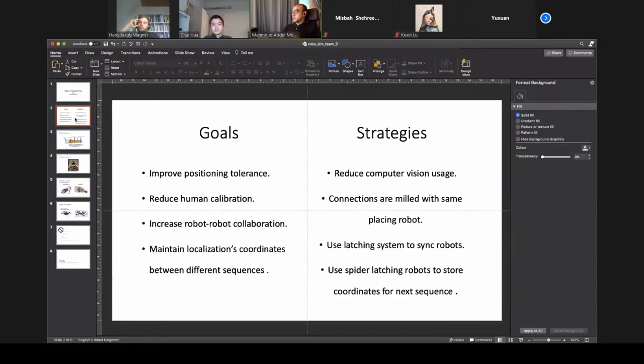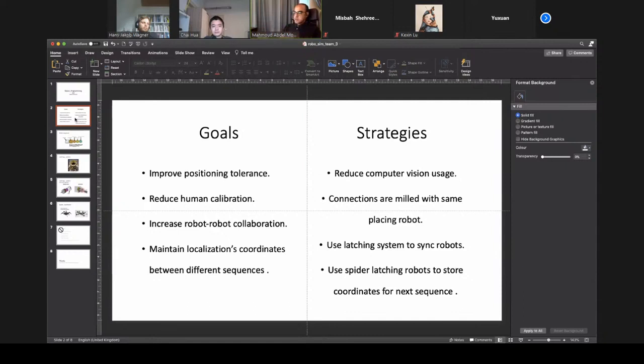So our strategies: we would try to reduce computer vision usage in the process, and the dovetail connections should be milled with the same placing robot, just not to move the error from robot to robot or from one process to the other process.